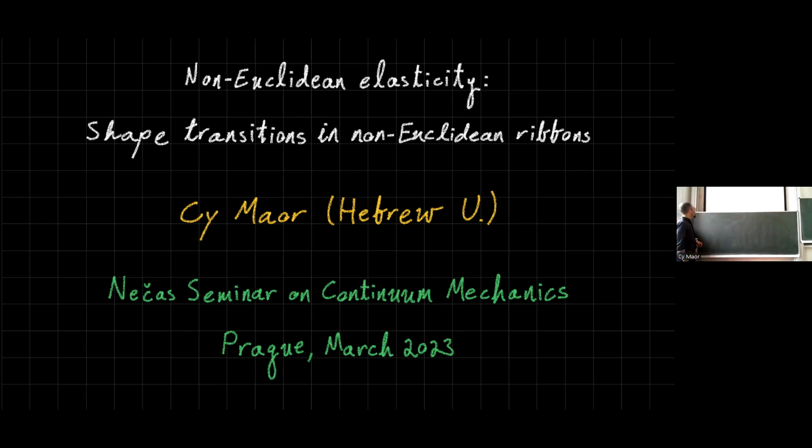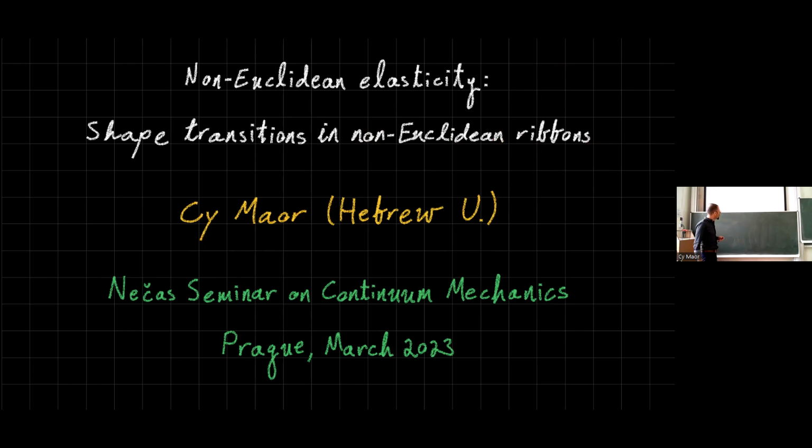Specifically, I'm going to focus on thin elastic bodies, because this is where most of the interesting phenomena happen. Particularly, I'm going to focus on a specific type of thin structures that are ribbons, and I'll talk about shape transitions that happen in them.